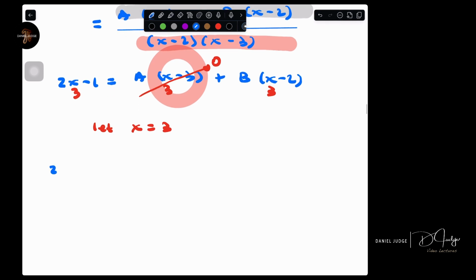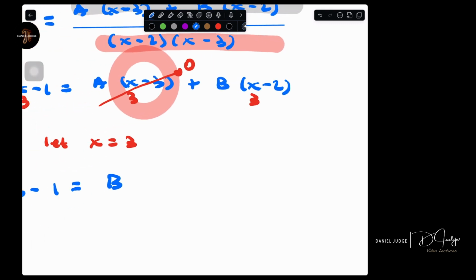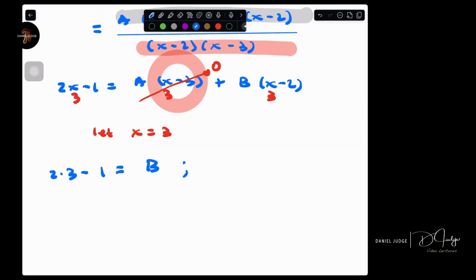Now in this example, on the left there is an x, so we're going to get a value there. And that's going to just equal b, because 3 minus 2 is 1. So we're going to get b equals 5, because 6 minus 1 over here is going to be the value of 5.